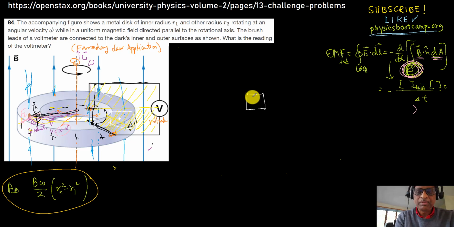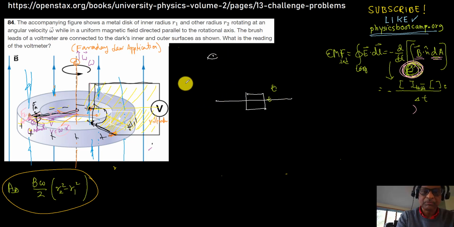So this like a bar is over here at time t, and that would have rotated over there. So let's look from the top and draw it in the XY plane. Let me stop it and draw it.